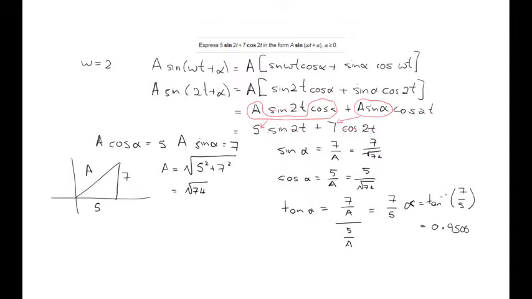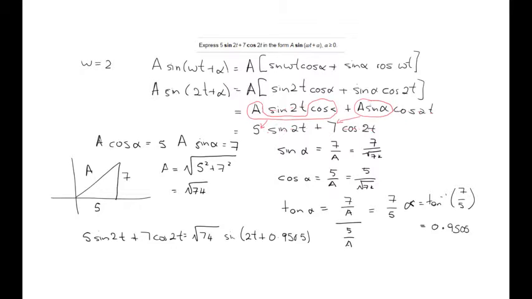That means we can now say that 5 sine 2t plus 7 cos 2t is equal to root 74 sine(2t plus 0.9505). Now, if we'd been asked for it in degrees, we could have changed it.